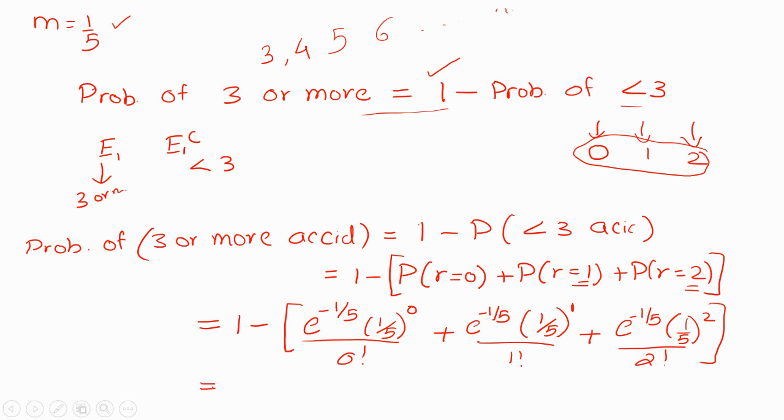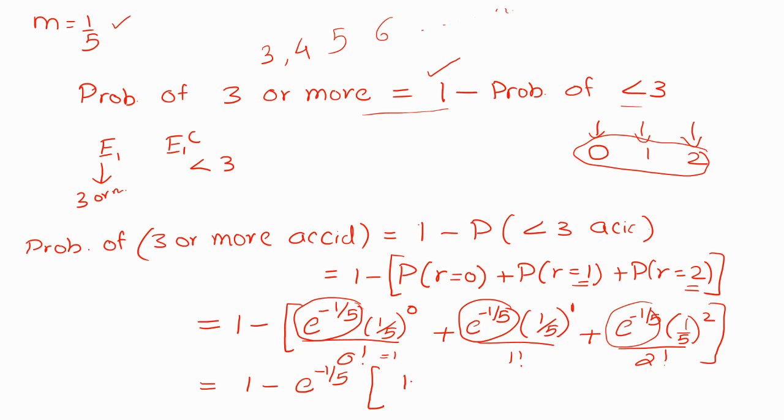Now the only thing remaining is simplifying this. I can take e raised to minus 1 by 5 outside, since it is common to all terms, just for simplification. So 1 minus e raised to minus 1 by 5, and now what remains in the bracket? 1 by 5 raised to 0. Anything raised to 0 is 1, it is well defined to be 1. 1 divided by 0 factorial, and 0 factorial is also 1.